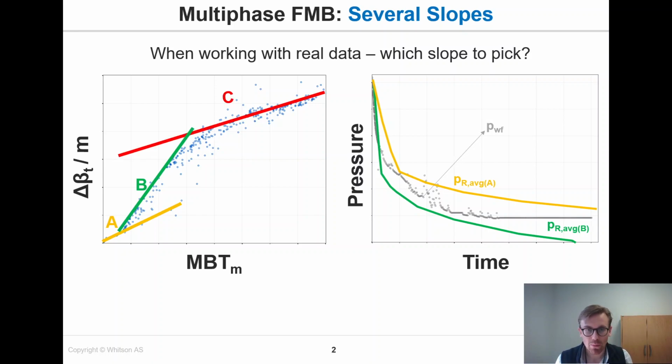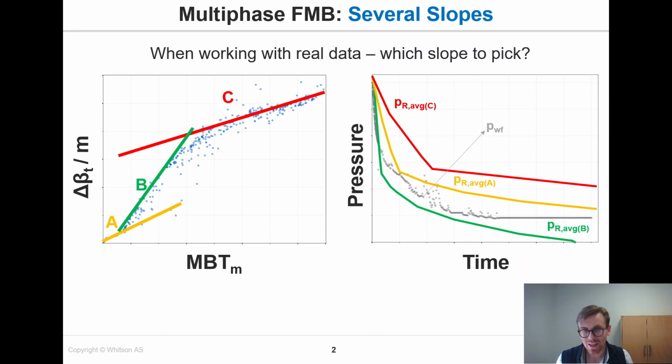Then we see the slope number C here, which is probably in a more stabilized portion of the data late time, and if you use that portion of the data, that results in this average pressure versus time in the software, and that the software automatically spits out when you click run.